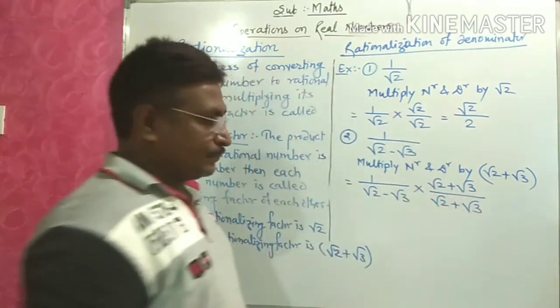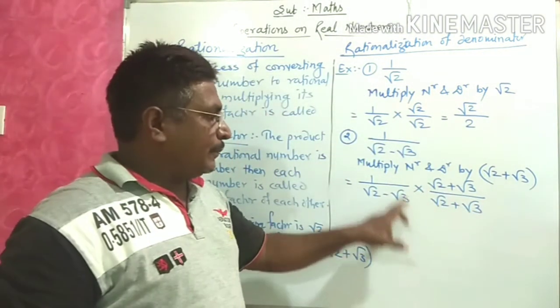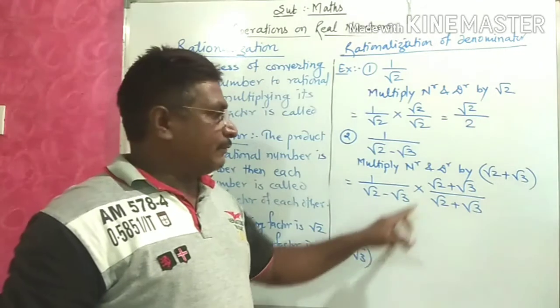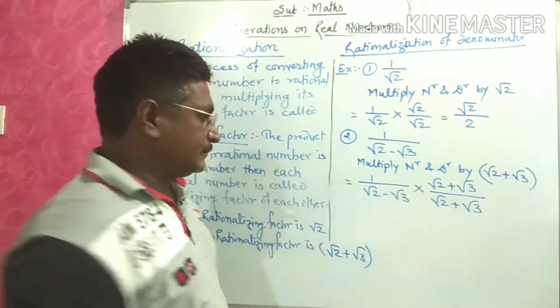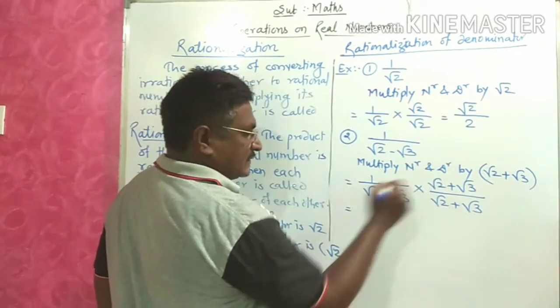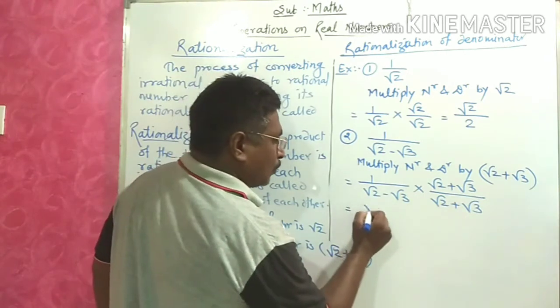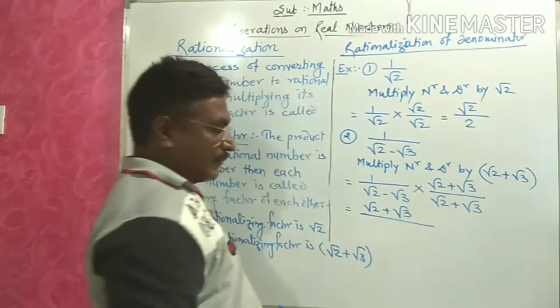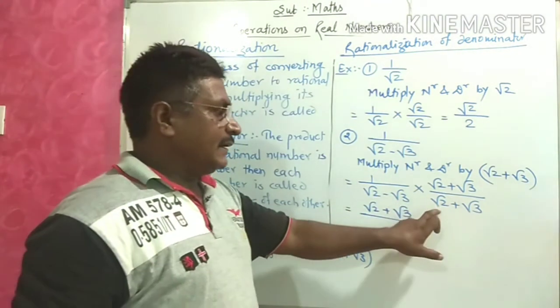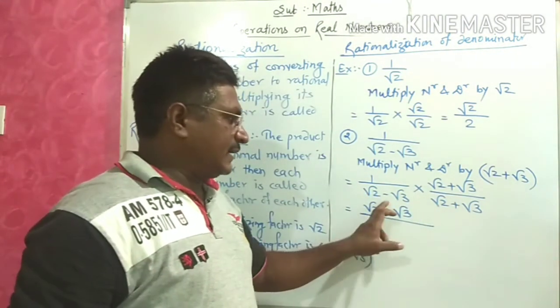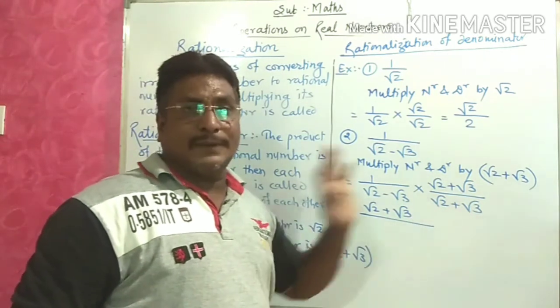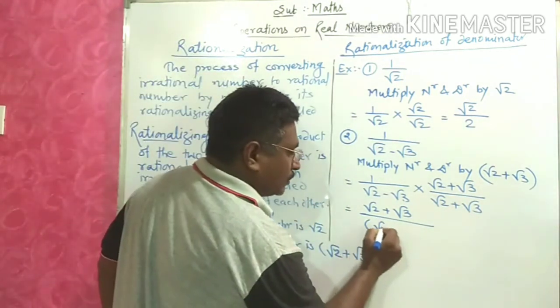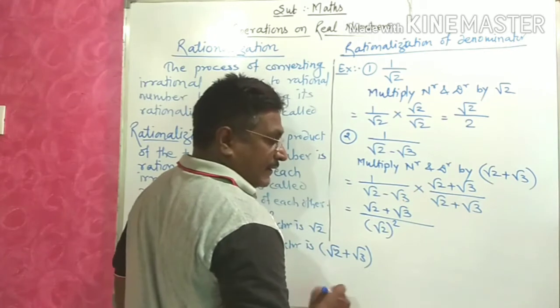Numerator and denominator both are multiplied with the rationalizing factor. So we get root 2 plus root 3 in the numerator. Now (a minus b) into (a plus b) gives a square minus b square.